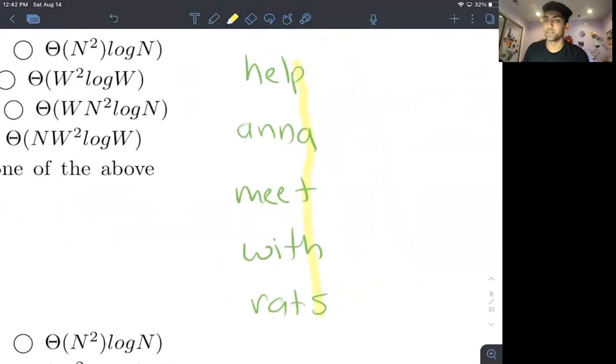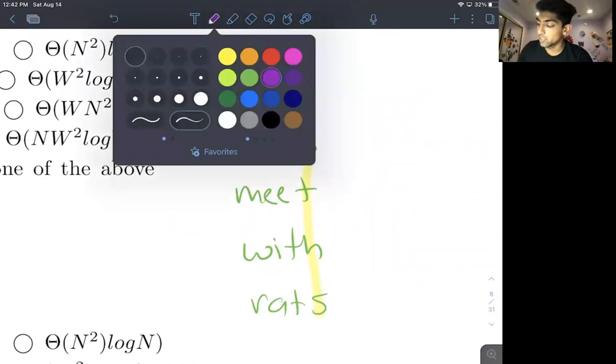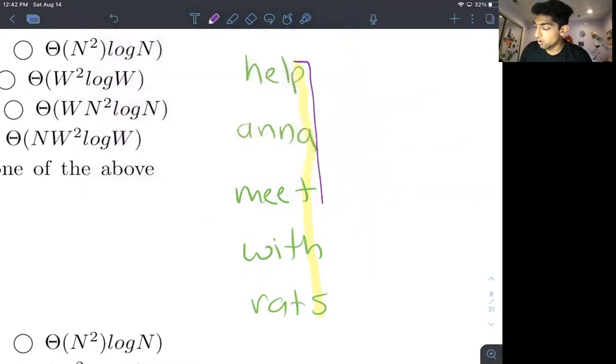So when we run LSD radix sort, what we want to do is sort all of these strings on these characters using counting sort.